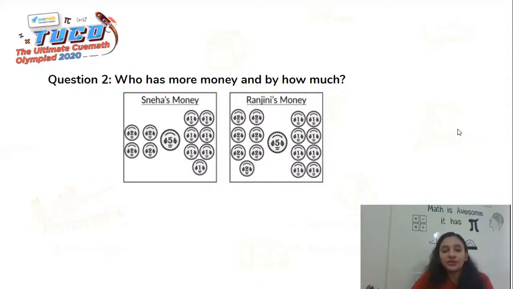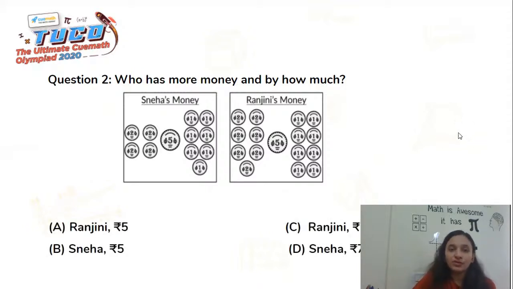Let's see the options. We have to tell who has more money, that is first, and then we have to tell by how much more is their money. So we'll need to count the money that they have. The easy way is to just count it. So we have 1, 2, 3, 4, 5, 6, 7, 1 rupee coins.